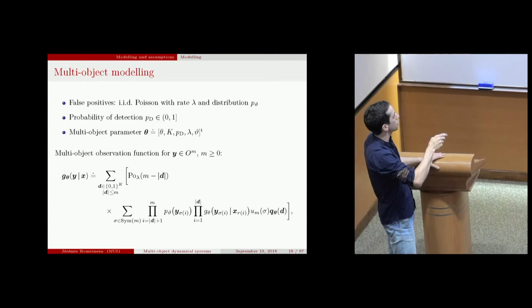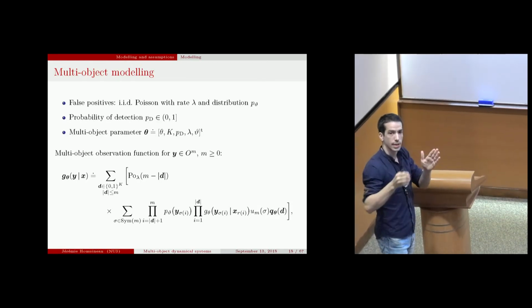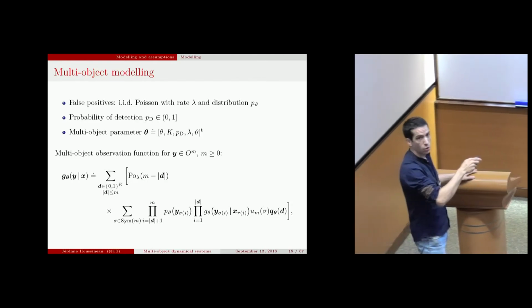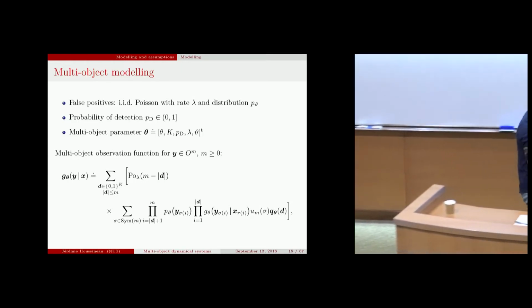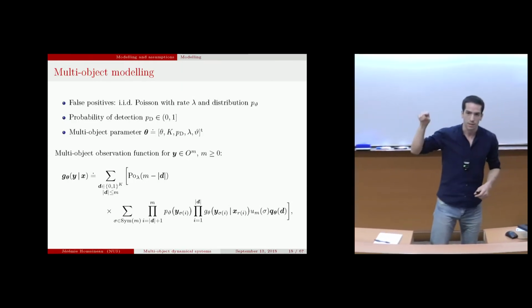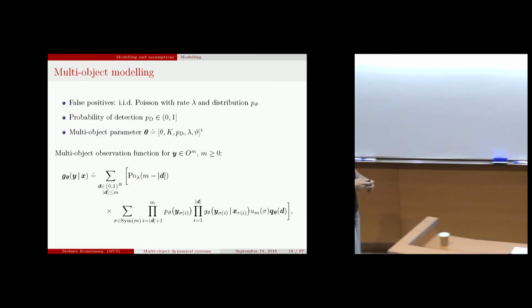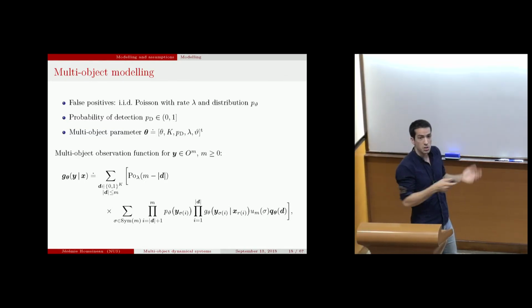So x here is just a vector. It's basically a stack of all the states. Here we assume that the number of targets is fixed, so x is some vector in R^(Kd). You have K targets of dimension d. Are those the true locations? No. That's just a likelihood. If your targets are at x, then that's the probability.